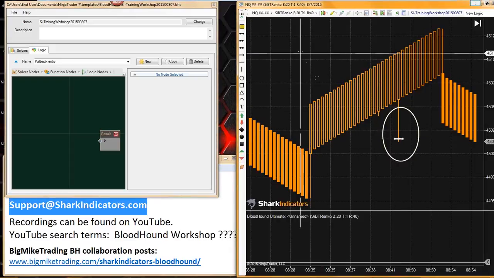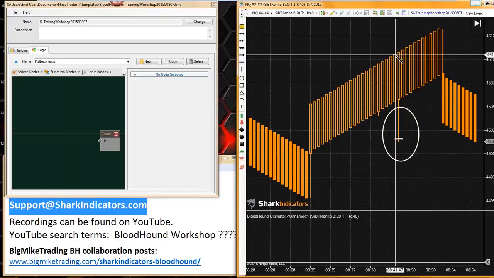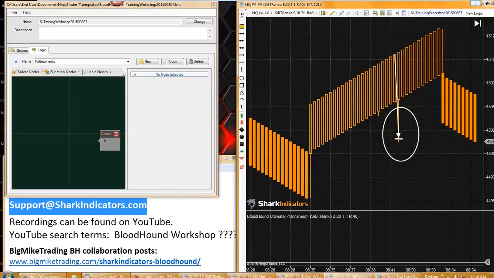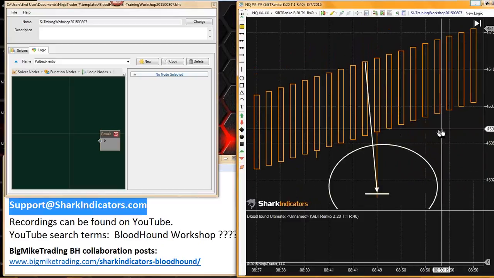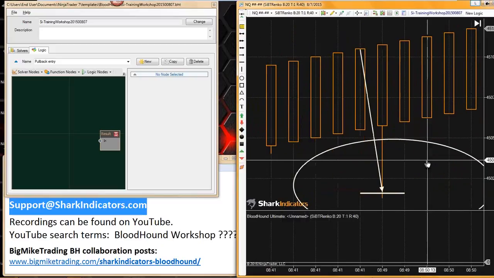That's something you will have to calculate. We're going to have to calculate the distance from the previous bar to where we want to get into the trade. So let me stretch this out a little bit so it becomes easier to visualize. There we go.